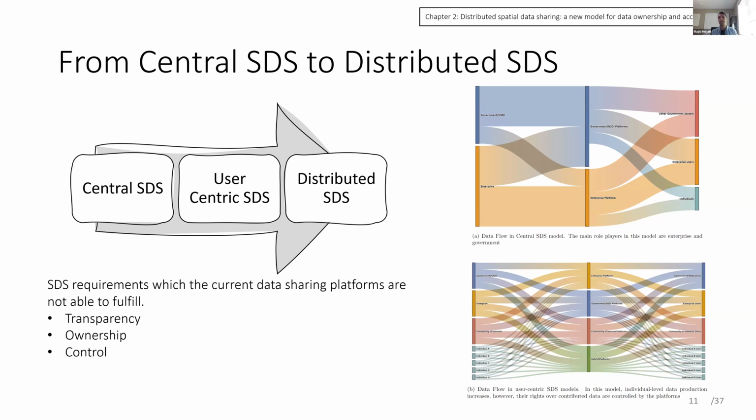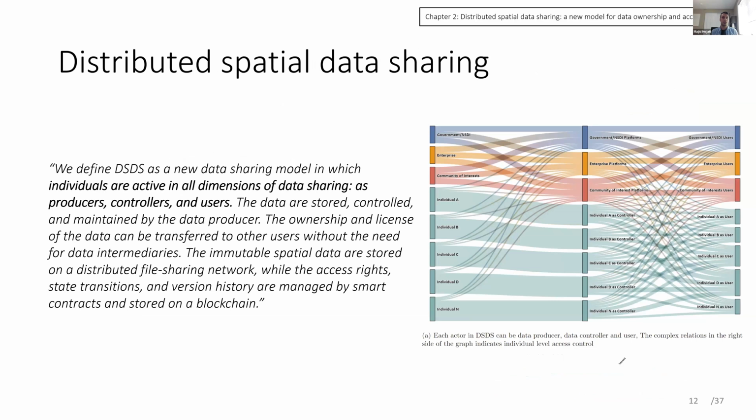To address these challenges, we define distributed spatial data sharing, in which individuals and communities are active in all dimensions of data sharing. They can be the producer, the controller, and the user. In a user-centric environment, the data controller is the platform.